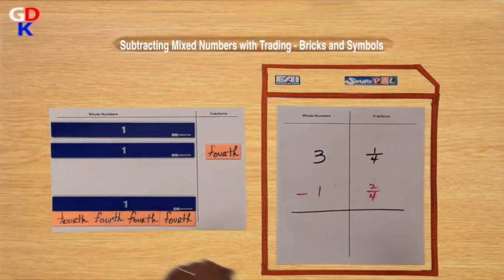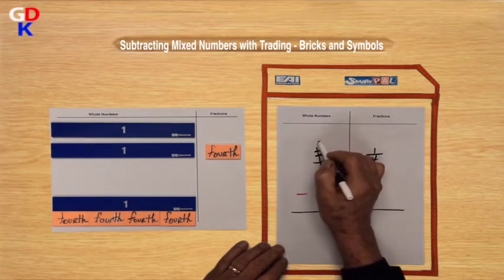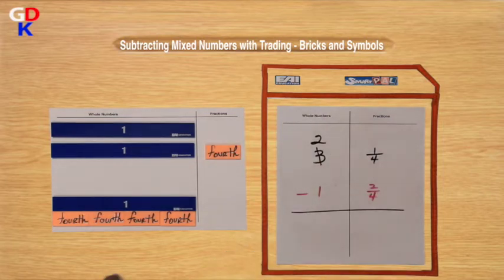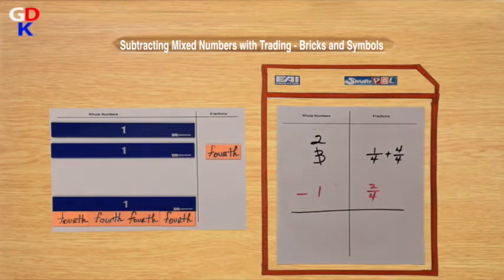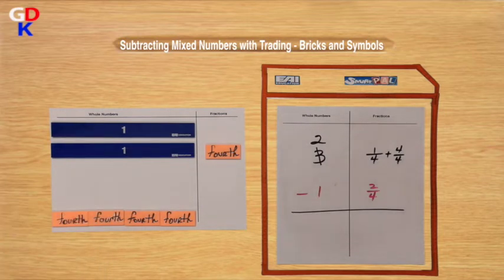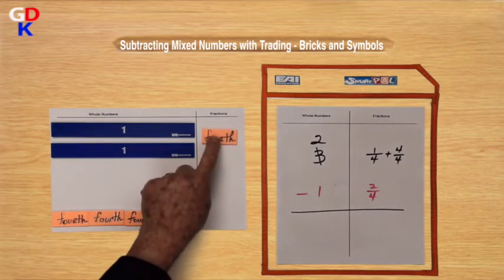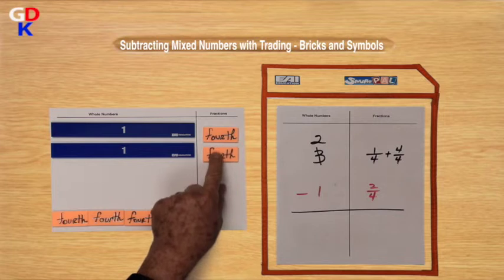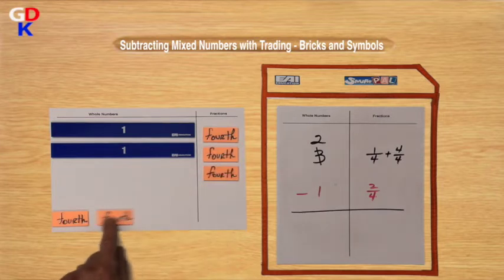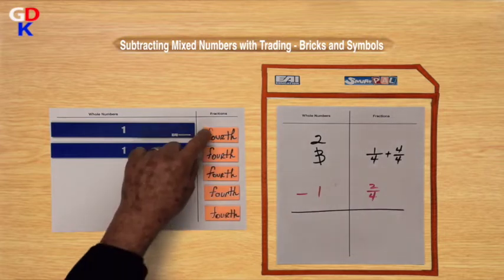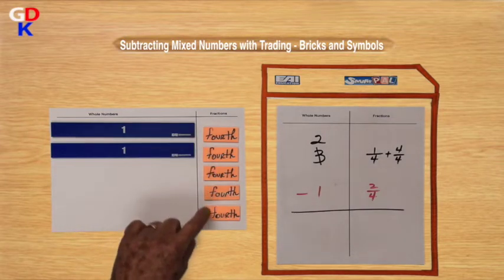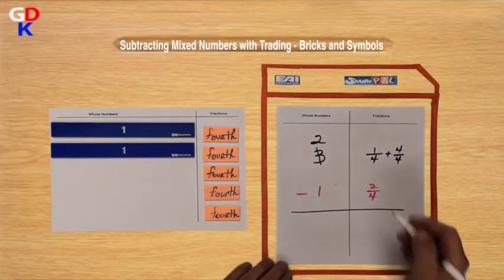That means I have 2 1s left. And I have 4/4. So I trade my 1 for 4/4, and I put my 4/4 with the other 4th from the original problem. I now have a total of 1, 2, 3, 4, 5/4, and I record that.